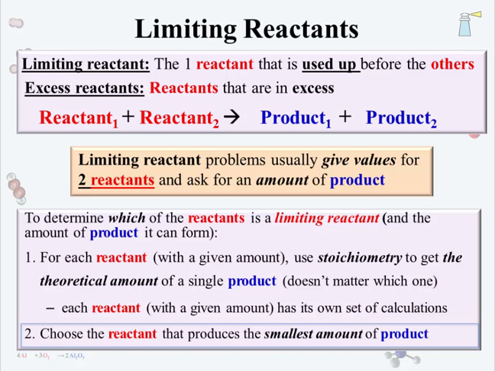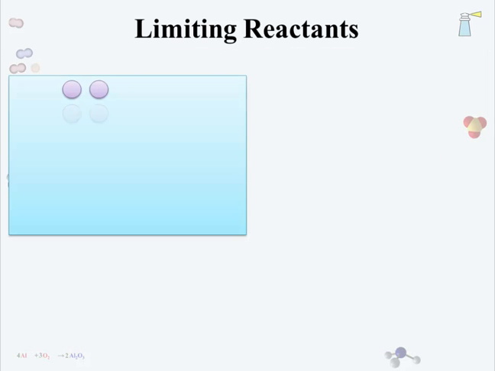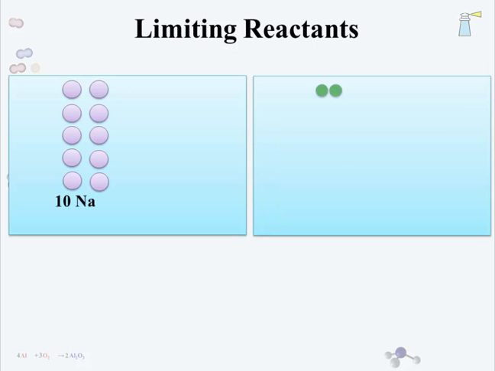Returning to the cartoon description of the sodium chloride reaction, we can see how this logic of addressing limiting reactant problems plays out. The problem wants to know whether the sodium or the chlorine is the limiting reactant. It will have to give values for both the sodium and the chlorine.